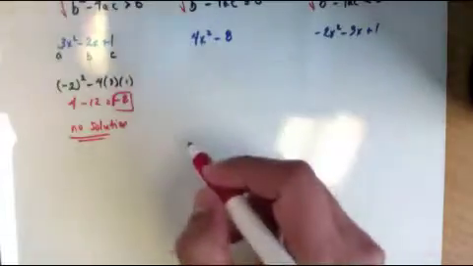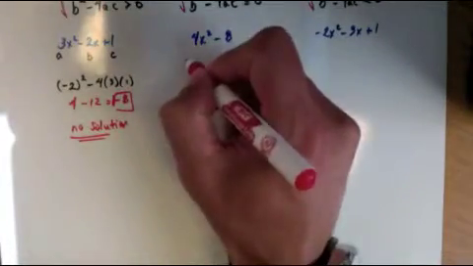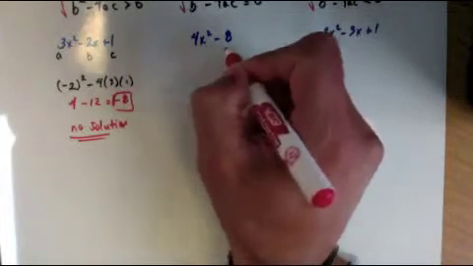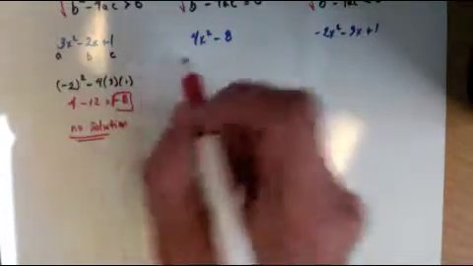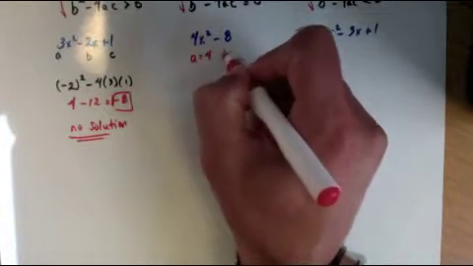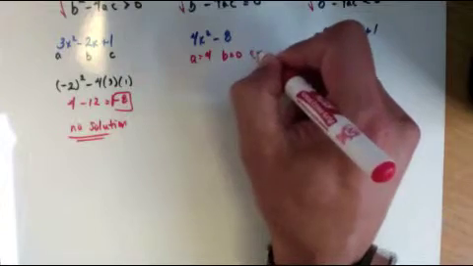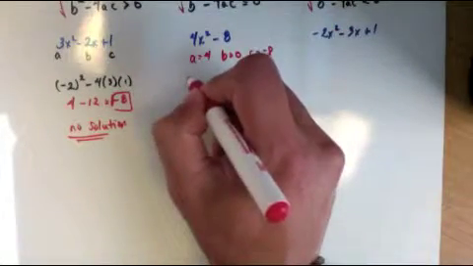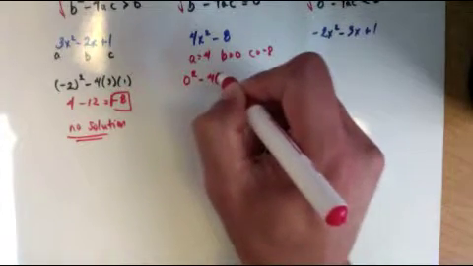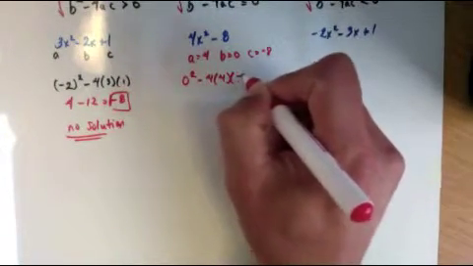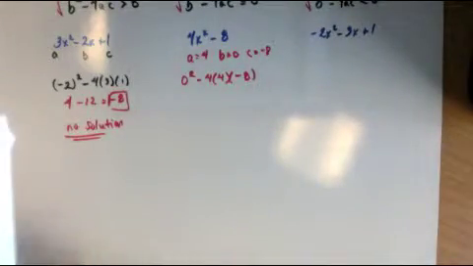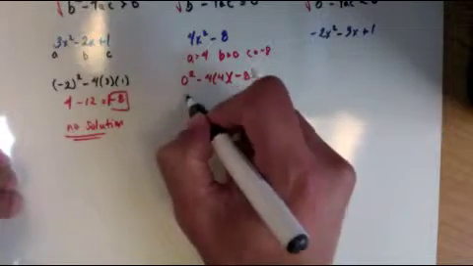Alright, let's try this one here. We don't have a b, do we? Right here we had an x, so b is equal to 0. So a equals 4, b equals 0, and c is negative 8. So 0 squared minus 4, letter A is 4, and letter C is negative 8. You can probably see what's going to happen. 0 squared is 0.